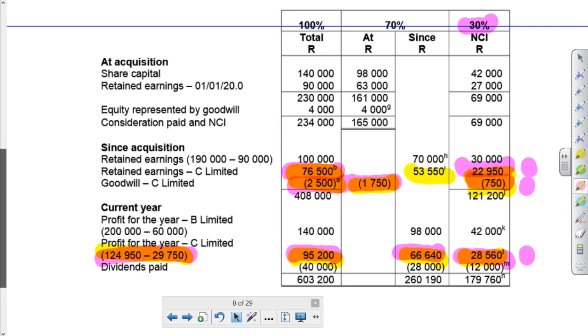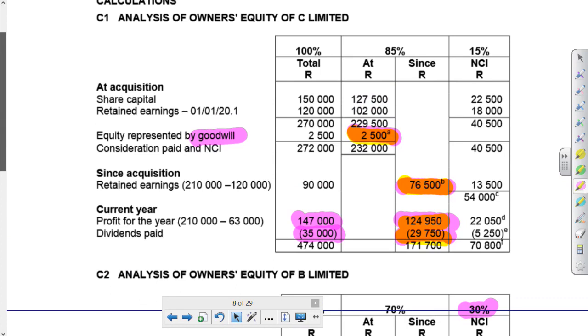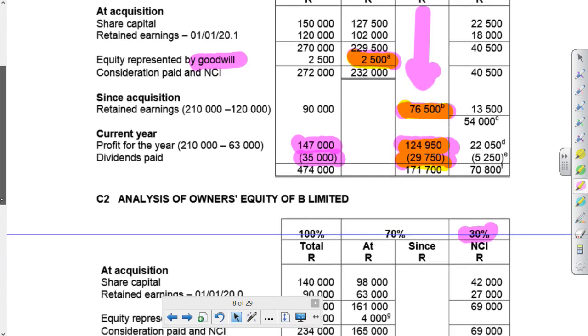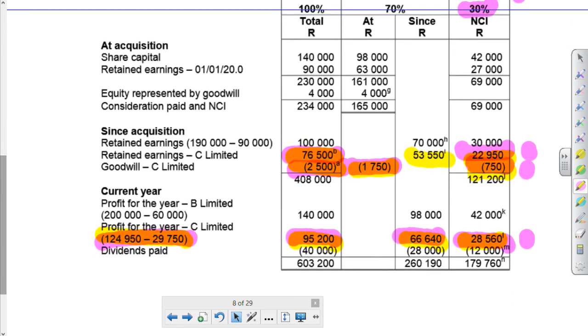These are the 30% of the 85%, because if you see what's flowing down, I'm flowing down 85%, and that 85% is coming in here into the 100% column, and then I'm taking a further 30% off that number, and that's the extra bit of NCI coming through there.